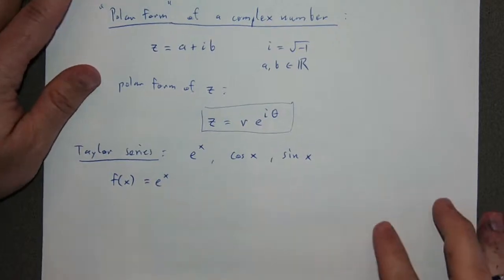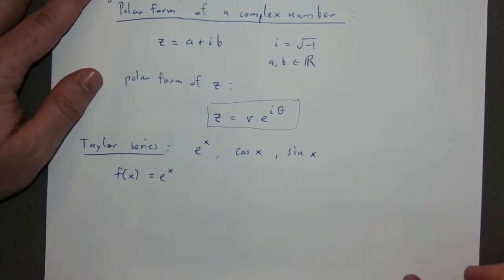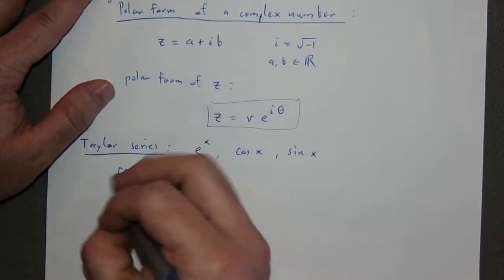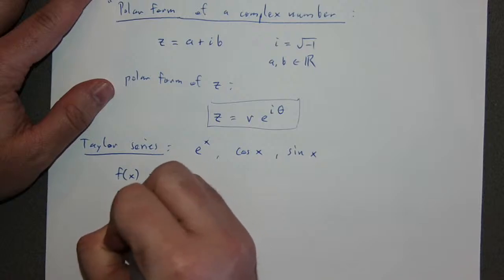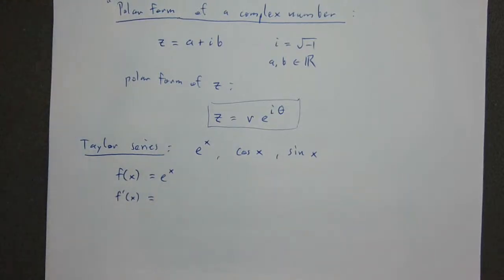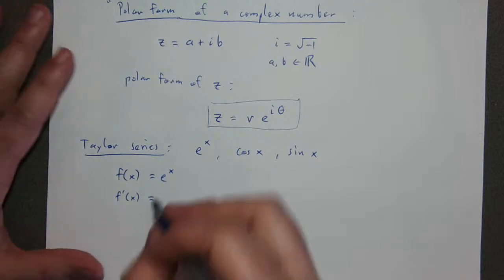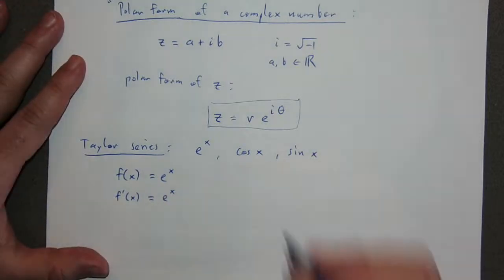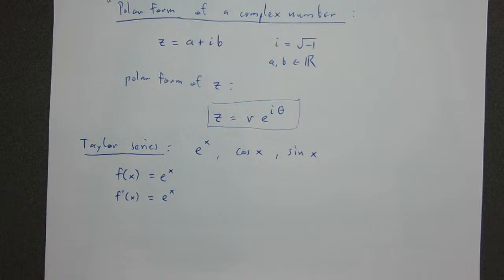I want to compute a few quantities here. I want to compute the derivative f prime of x, and I'm in luck here because what is the derivative of e to the x? I'm not going to go through a derivation of why this is, but the derivative of e to the x is itself.